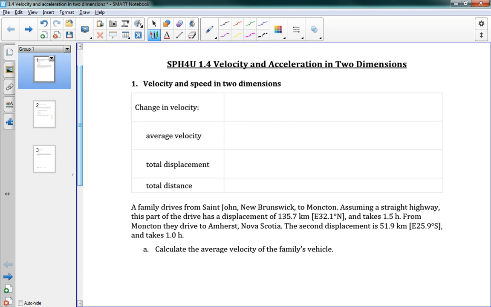So, just like in displacement, velocity can change in size or direction.